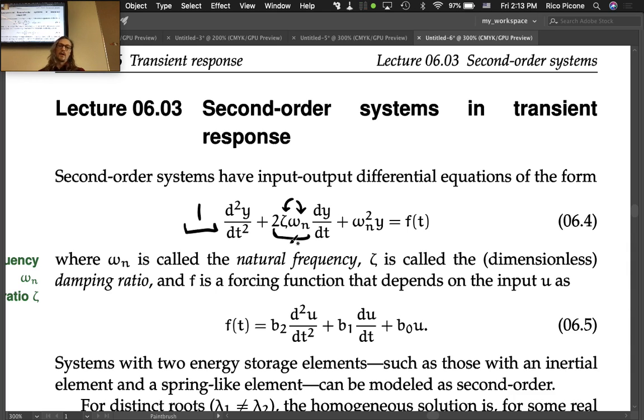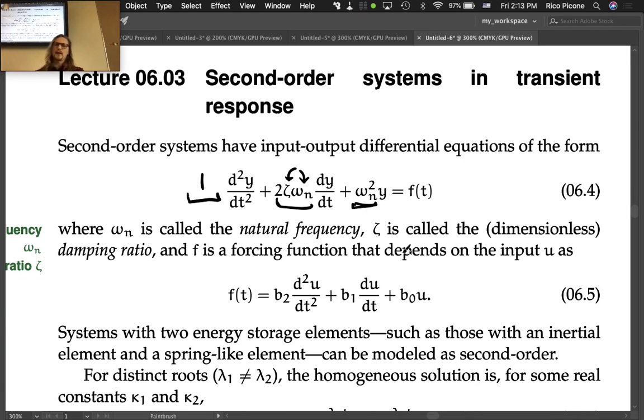So it's an important quantity. The other one is the natural frequency, omega n, and that also shows up in the third coefficient. The right-hand side is the forcing function, which for a second order system can have derivatives of the input up to 2 derivatives.